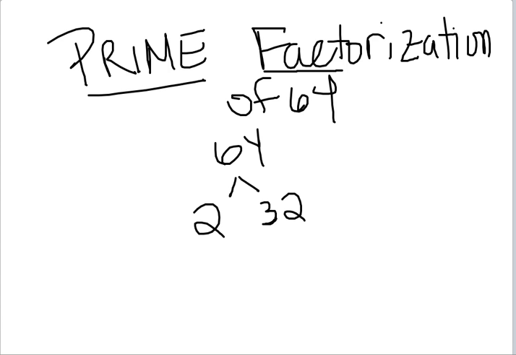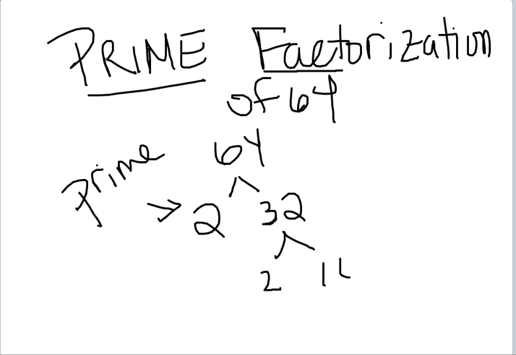So 2 and 32. 2 is prime. It can go no further. 32, on the other hand, I can continue to break down. So I know that 2 goes into 32. So I'm going to do 2 again. And 2 goes into 32 16 times.